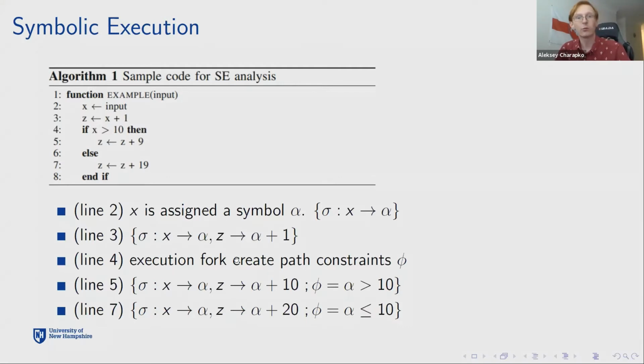Line 4 is where the difficulties and challenges of the symbolic execution come in, and that's branching, right? Here we have this conditional statement, and depending on it, the value of Z is going to be different. So they record the branching as this path constraint 5.